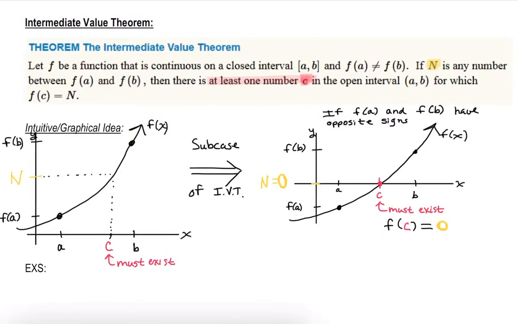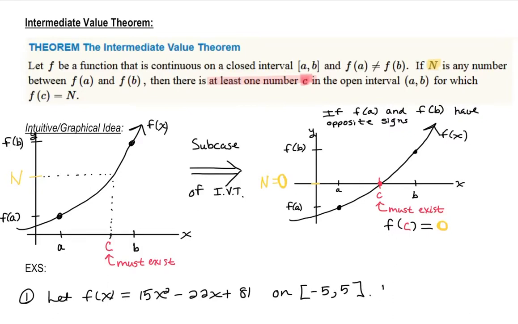So let's just look at an example here. Let's let our f of x equal 15x squared minus 22x plus 81. And suppose we're on the closed interval from -5 to 5.